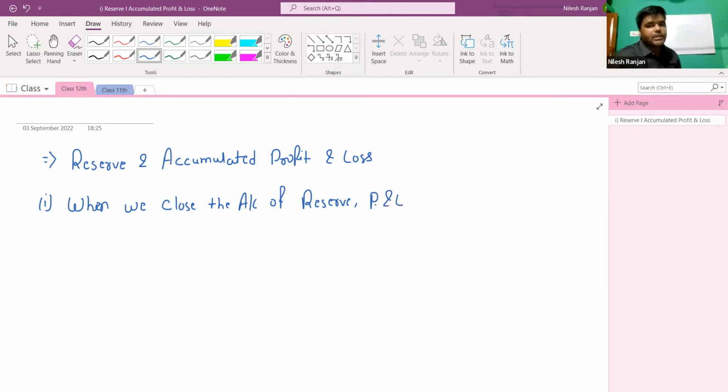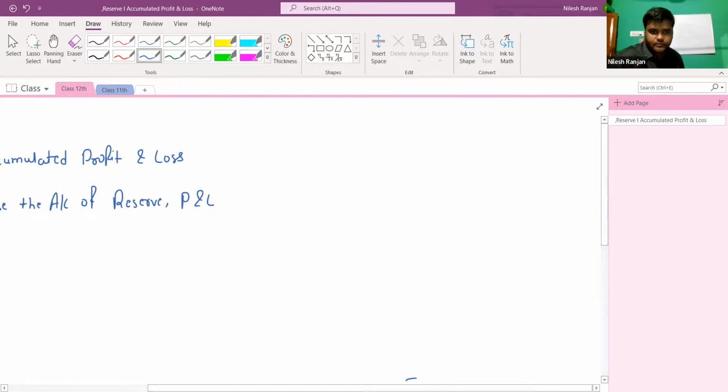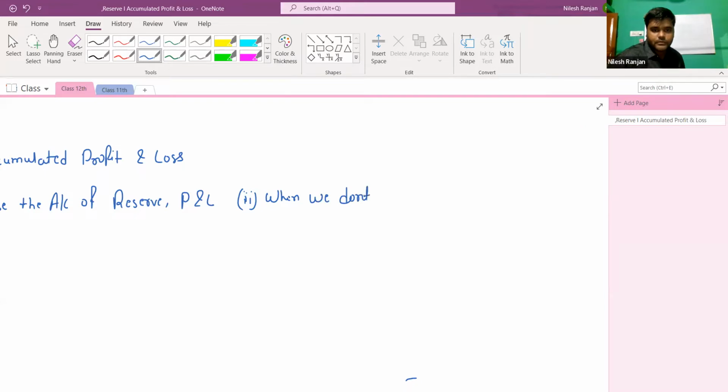And the second case is when we don't have to close the accounts. So what will be the journal entry or accounting treatment in both cases?